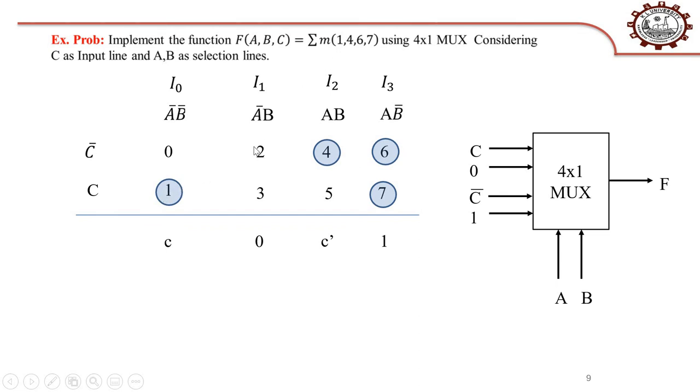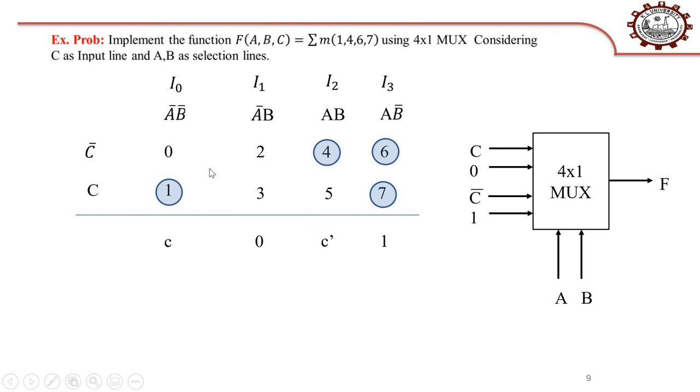Next, number 2 is not there, just keep the number. Number 3 is not there, just keep the number. But number 4 is there. Take number 4, A, B, C bar. That means 1, 0, 0. So that number is taken here. Actually this is not 101, A, B are 1, 1 and this is the 0, 1, 1, 0 case actually. So that case is taken, and corresponding to whatever numbers are taken, you have to keep those numbers.